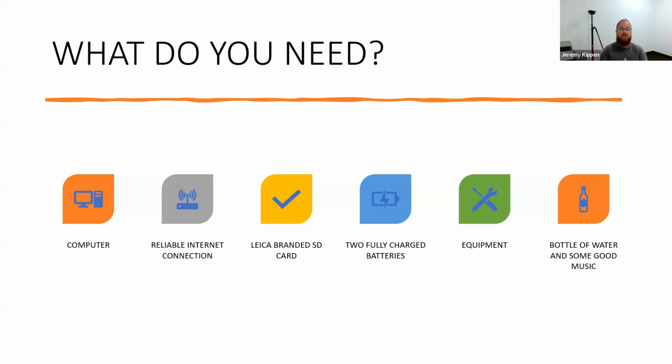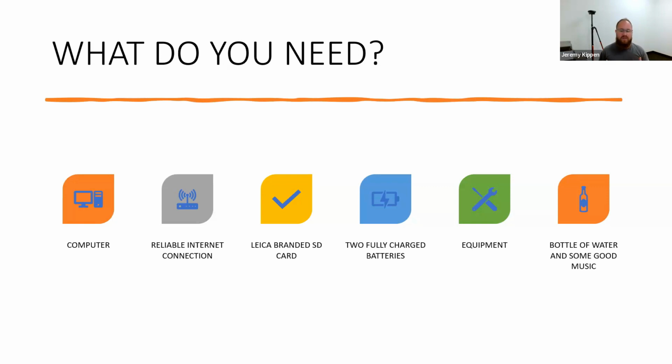All right, so we're going to talk about what do we need to do this. As you can see here, we need a computer, a reliable internet connection, and a Leica branded SD card. The reason for the Leica branded SD cards is it is an assurance to you that if something was to go haywire while you were doing your firmware updates and it was required to send back to Leica, they can actually go in and see if you used a Leica SD card or a non-Leica SD card.